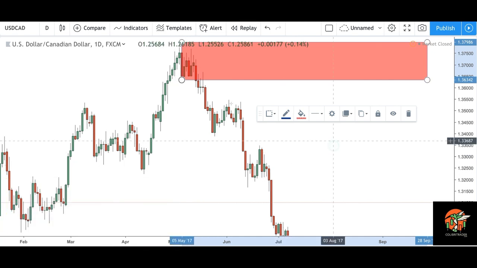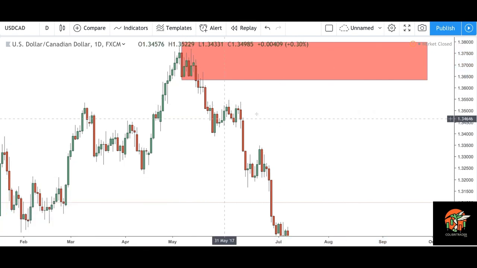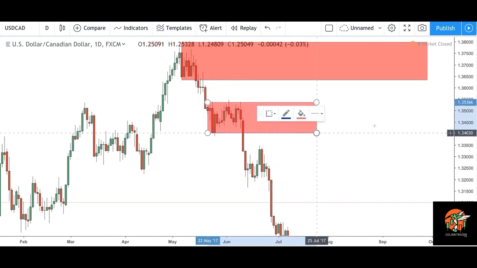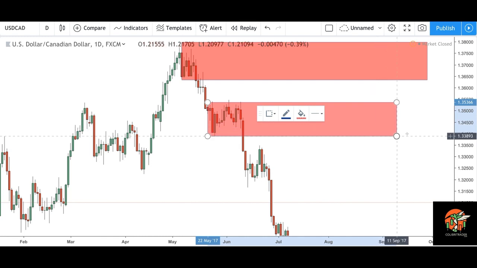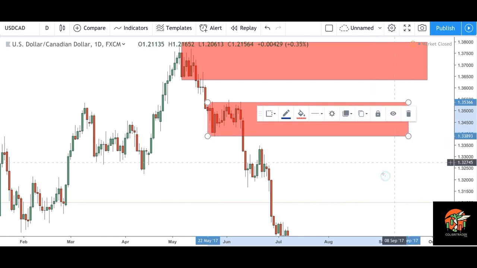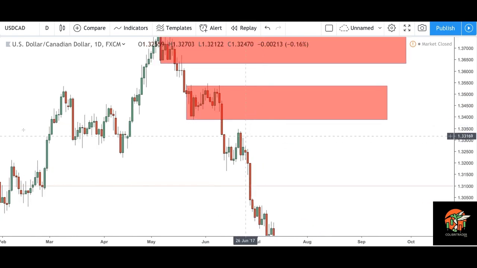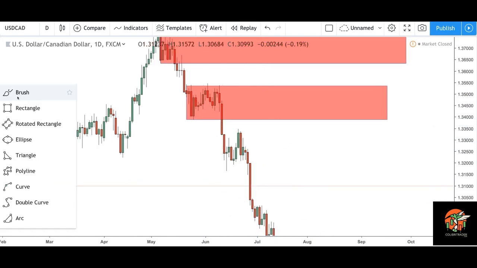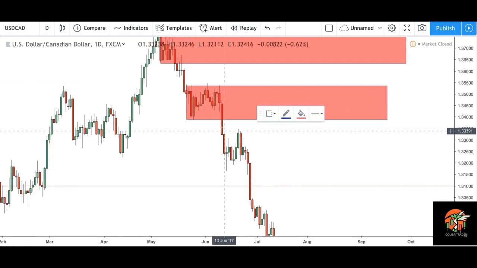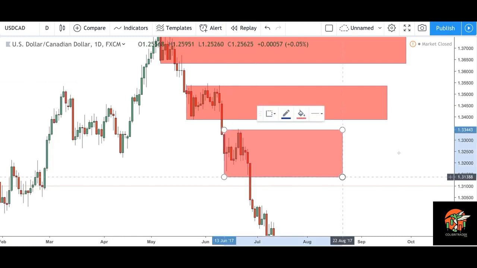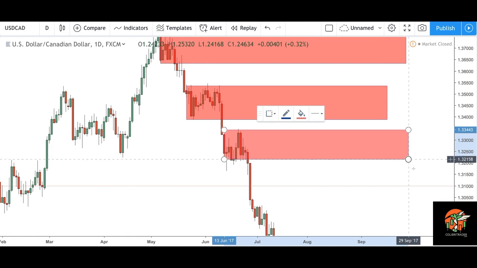So you have a typical pattern, which is the downtrend, base, continuation of the downtrend. Here you have a very clear example of that. And then there is another one here, and all of those zones have very strong price action after the breakout.